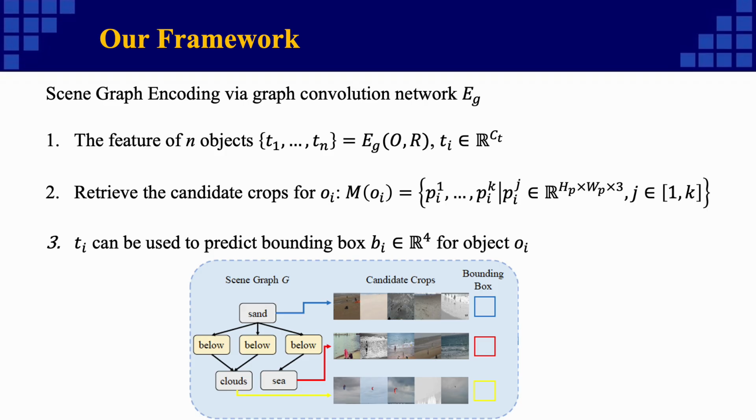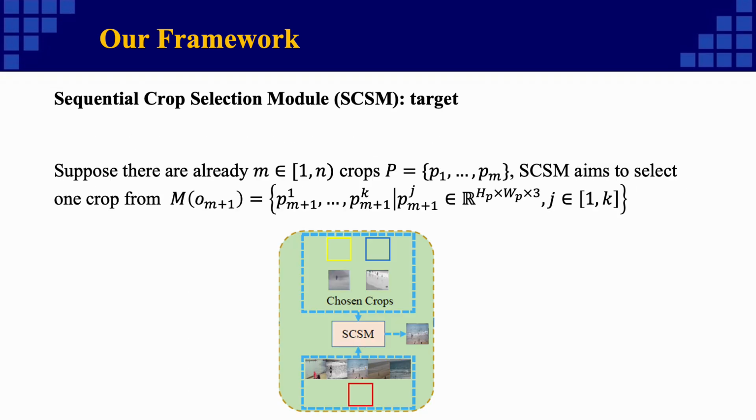For each object, we match the feature Tj with the text embedding of the object crops in the external object pool to retrieve a set of its candidate crops. The retrieved candidate group for Oi is denoted as Mi, and Ti can be used to predict the bounding box Bi for the object Oi.